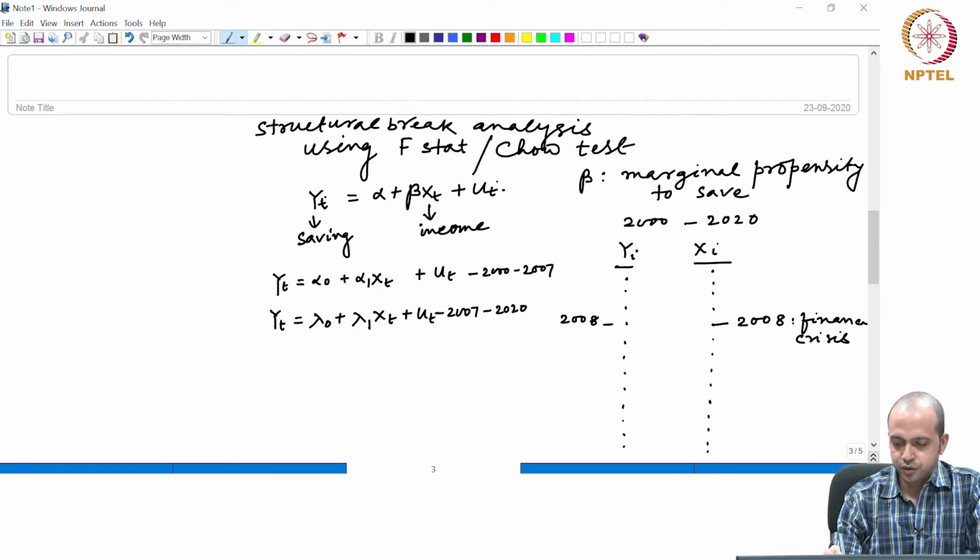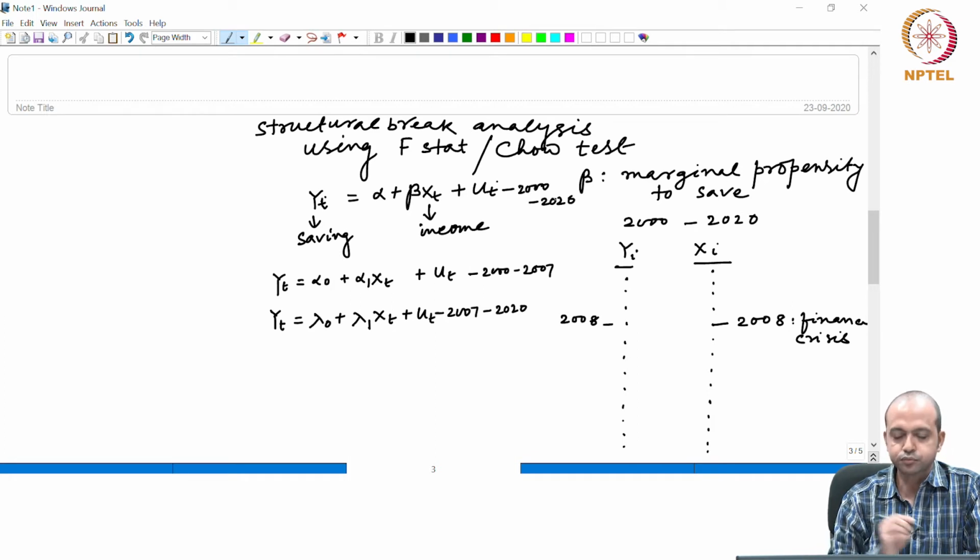And this, yt equals alpha plus beta xt plus ut, is for the entire period 2000 to 2020. Let us say this is model 1, this is model 2 and this is model 3.